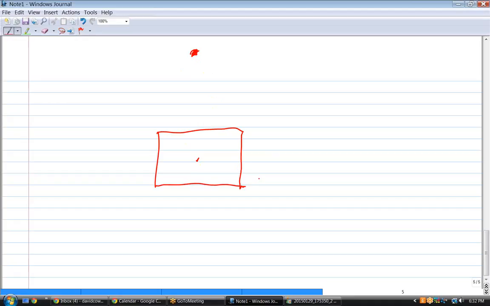If I put a flashlight right there, it's going to strike that edge, and the edge shadow is going to be right there. Right. So the shadow is that area right there.